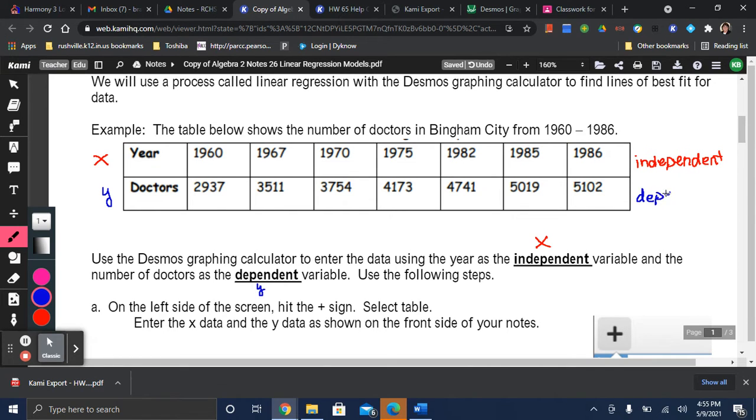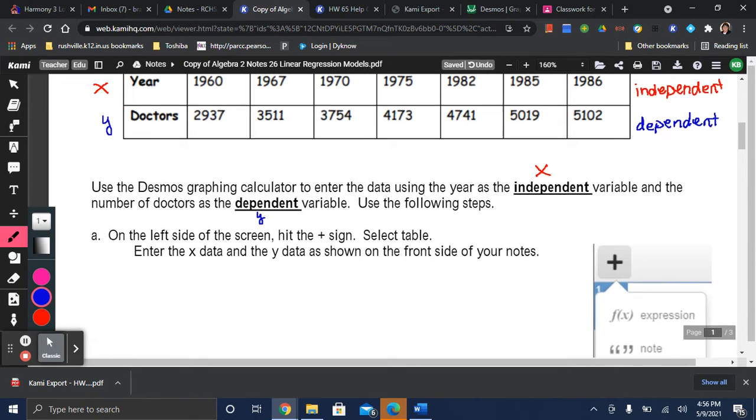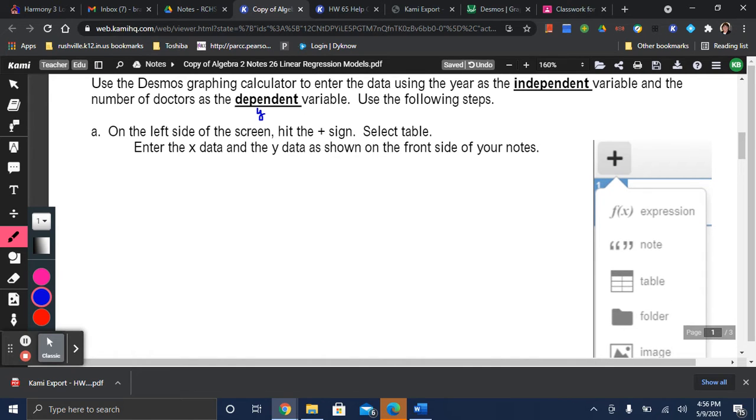And often in a table situation, the independent variable is listed first and the dependent variable second. Or if they're left and right columns, you'll have the independent one on the left and the dependent one on the right. So some of this lesson is just going to be learning how to type this into Desmos.